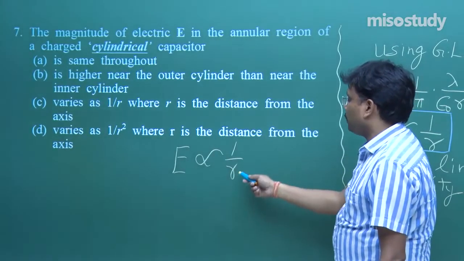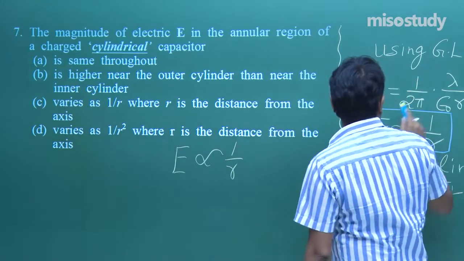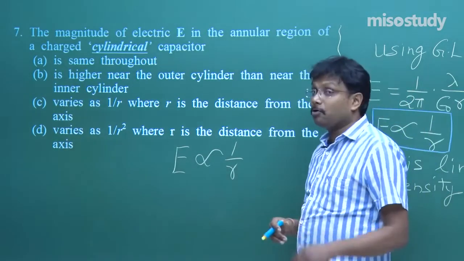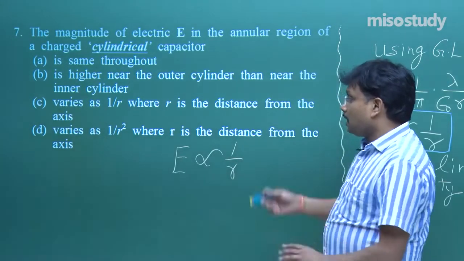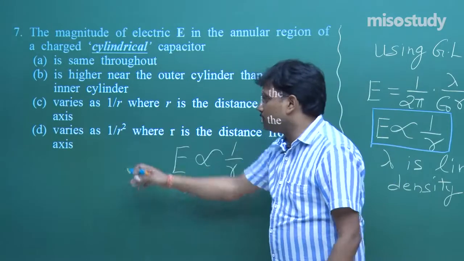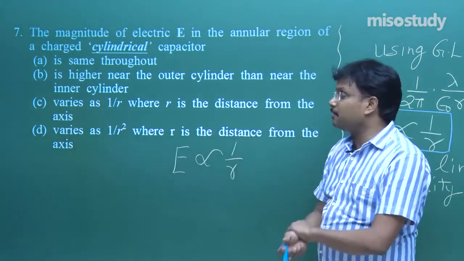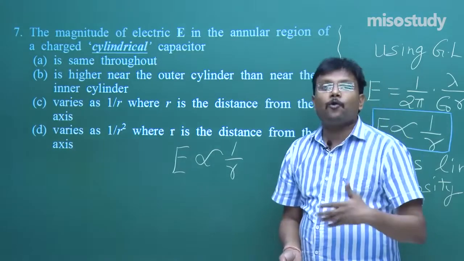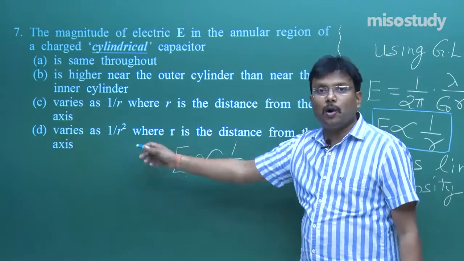E is directly proportional to 1 upon r, or this relation: 1 upon 2 pi epsilon naught times lambda upon r, because 1 upon 2 pi epsilon naught and lambda are constant. So that is why I am mentioning. Now, a few of you may get confused that the general relation of electric field for a point charge at any distance is given as 1 upon 4 pi epsilon naught q upon r square. So why is it not directly proportional to 1 upon r square?